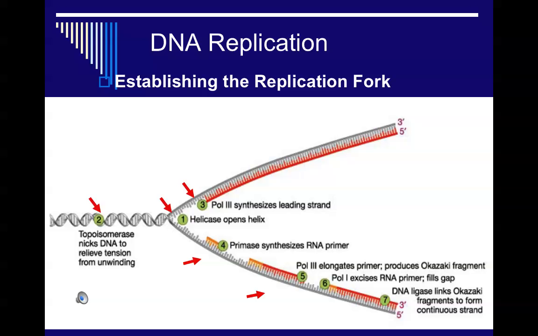So we have half gray and half sort of reddish. We describe this as continuous synthesis of the leading strand. So the leading strand is that bright orangish red new DNA that we've now created, this nice long piece of double-stranded DNA, half old and half new. But if you look at the bottom half of the picture, we can see distinctive differences.